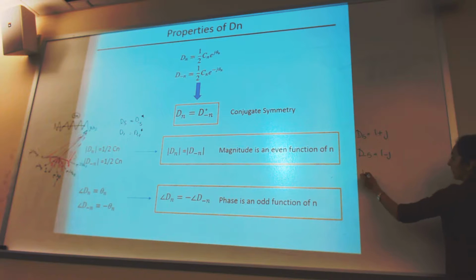Now, if you look at the magnitude of this, it is equal to the square root of 2. What's the magnitude of the other one? The square root of 2. So the magnitude is equal.